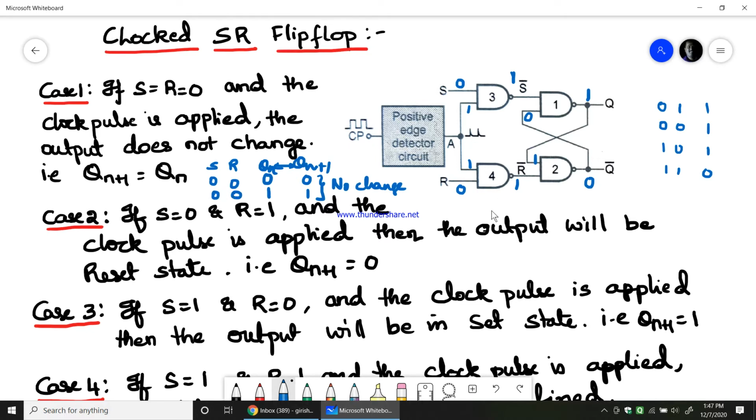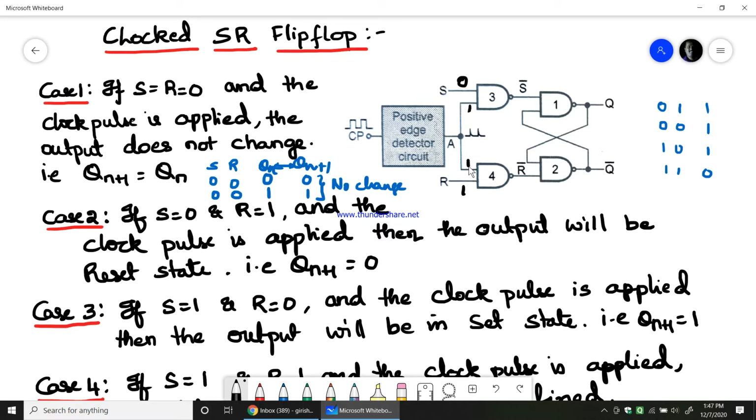Coming to case 2, let us take S as 0 and R as 1. Again the clock pulse is given.